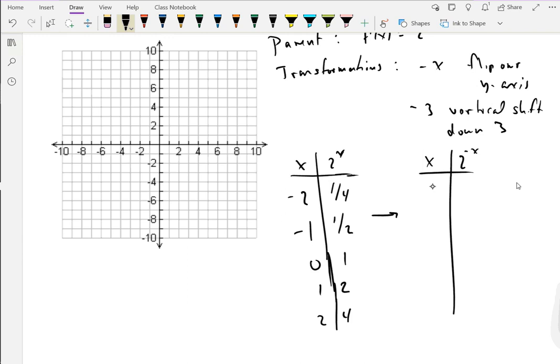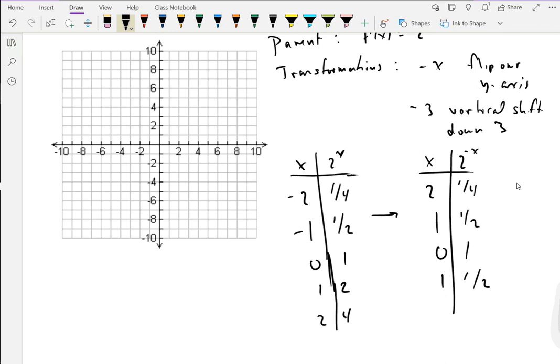So now 2 is going to end up being 1/4, because now I've got 2 to the negative 2, so 2 will be a fourth. 1 will be a half, because now I'd have 2 to the negative 1. At 0, of course, is still going to be 1. 1 then, whoops, did I reverse that? 2 to the negative 1 is going to be 1/2.